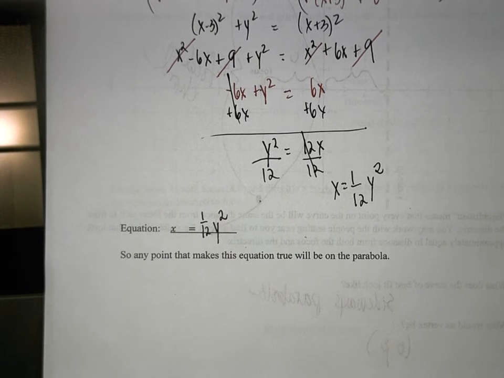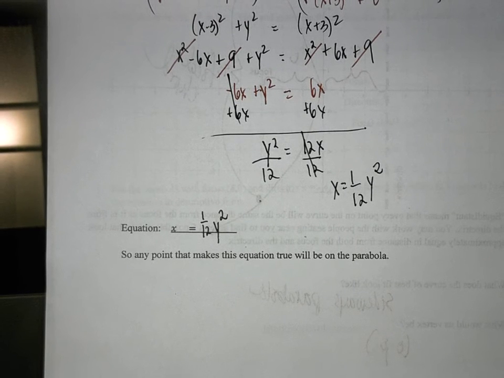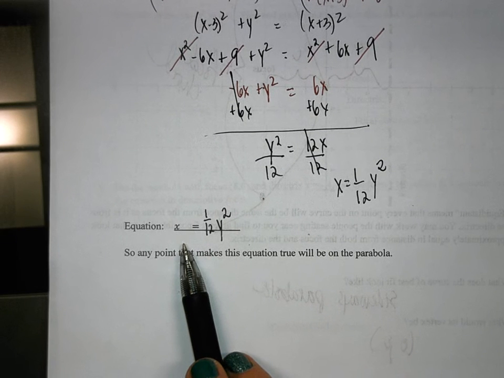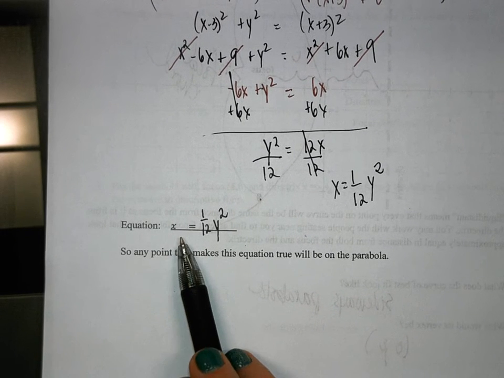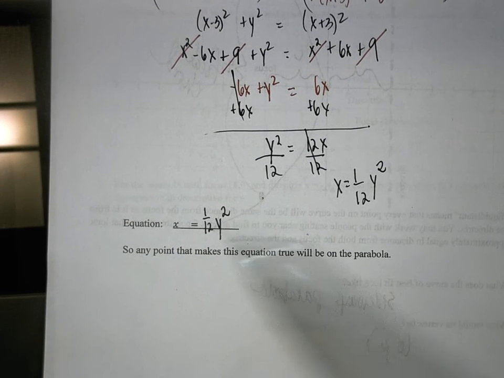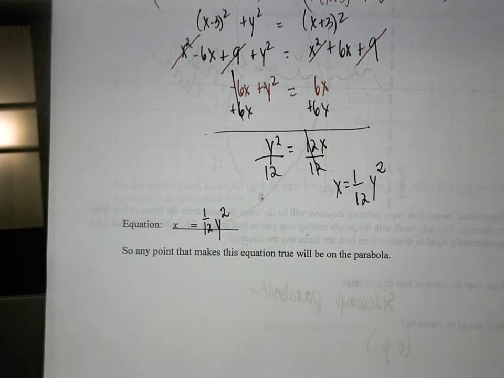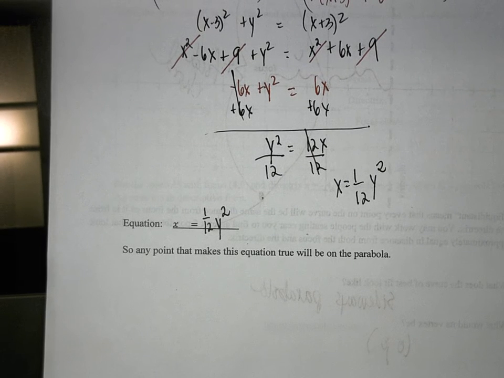So what is different about this equation than the one that we worked with in 7.3? Very good. So this one has x equals, and the other one has y equals. So when you have x equals in front, you're going to have a sideways parabola. The parabola is going with the x-axis.